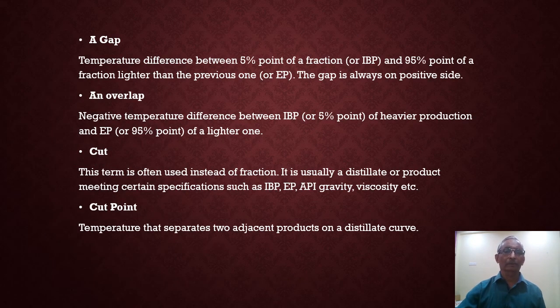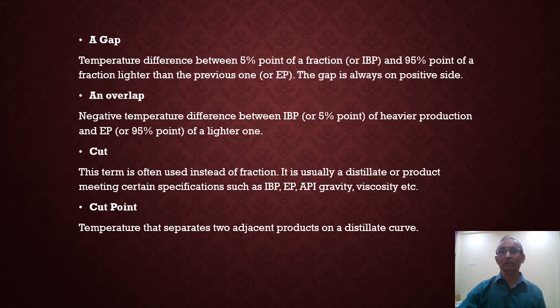Then a gap. In the last problem, we got that particular gap. It is the temperature difference between the 5% point of a fraction, that is the IBP, generally we consider the 5% point, and the 95% point of the fraction lighter than the previous one, or end point.